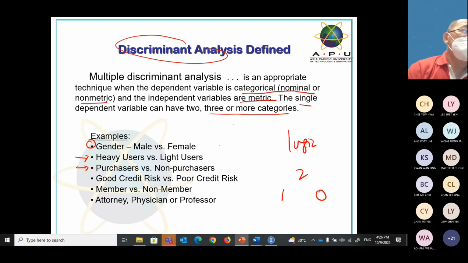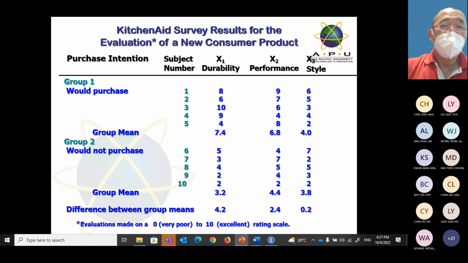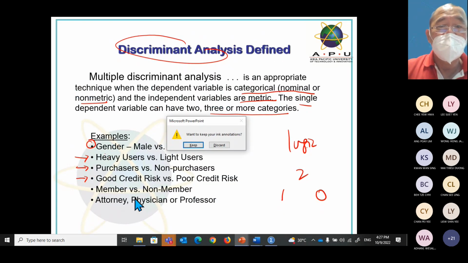For a potential purchaser, you may do more promotion, make a phone call, and so forth. This one is for a bank to determine whether to give a loan or not, the housing loan or credit card or whatever. So all these are examples. Any question on this part before we see the numbers?